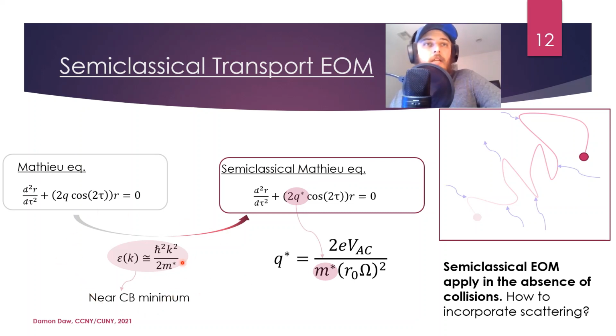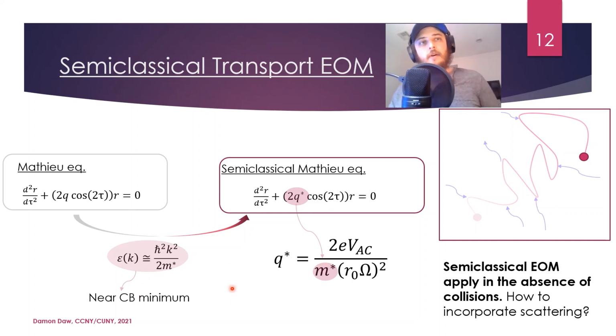And if you stay near the conduction band minimum, meaning if you don't go to very high energies, the dispersion relationship is quadratic. And this is what allows you to pack a lot of physics into this effective mass term. This is not the bare electron mass, this is what's known as the effective mass.